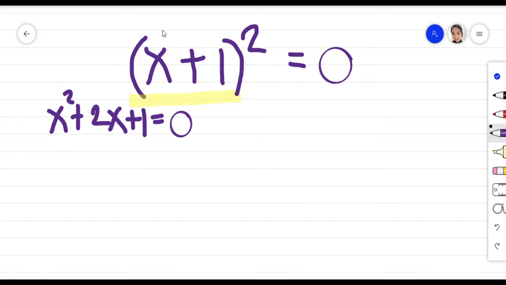So this form, though it's not in the standard form, is still a quadratic equation. But I want to use this example since it is easier for us to find the solution by the substitution method. So let's erase first this part.